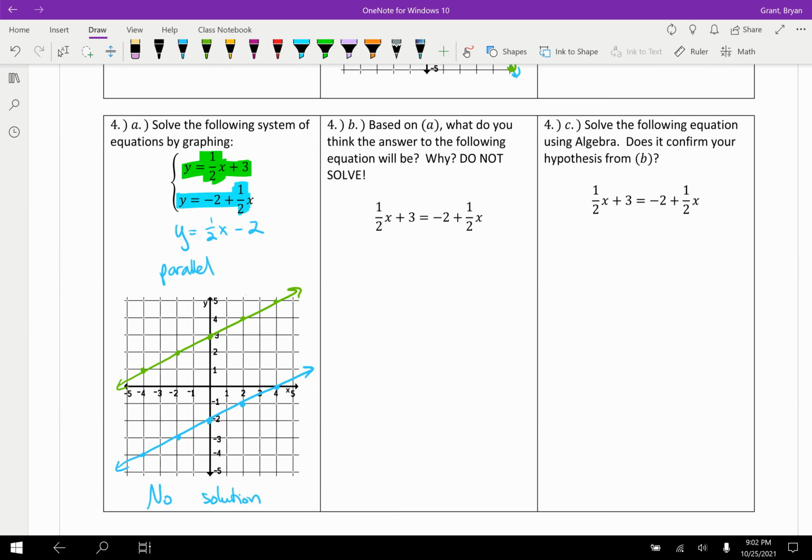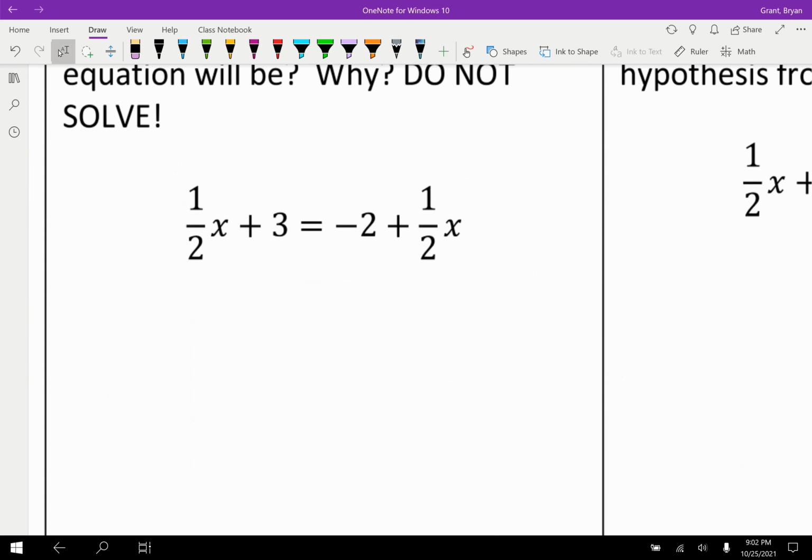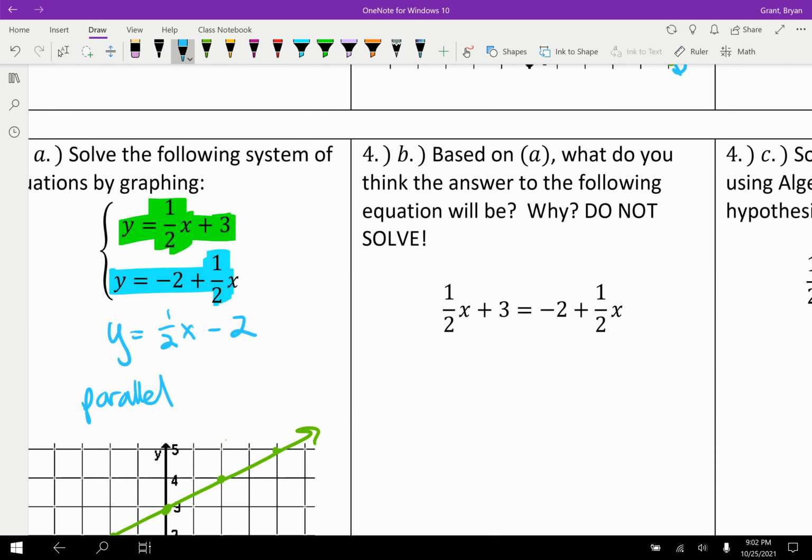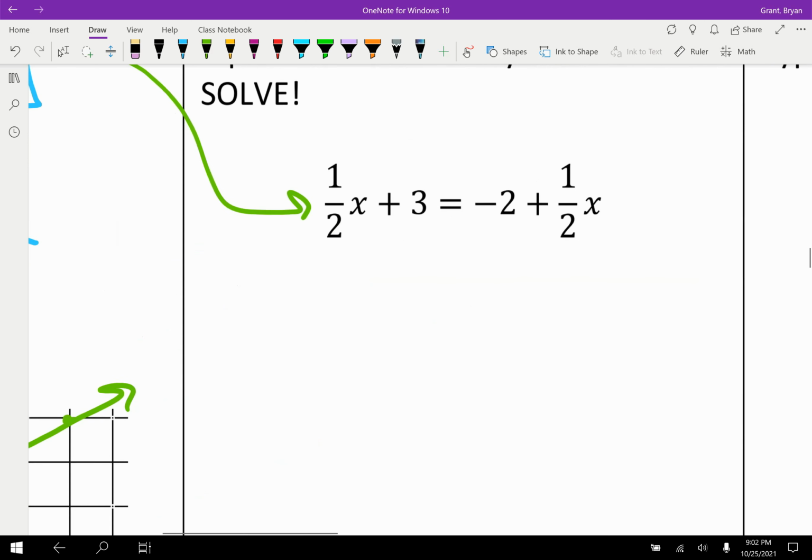no solution. So if you were given this equation and said, "We want you to solve it," you could hypothesize, you could guess based on what happened on A, and noticing that they just took one equation and set it equal to the other, so this is really the system over there, that this answer is probably going to be no solution.